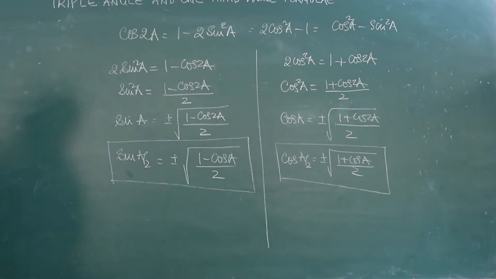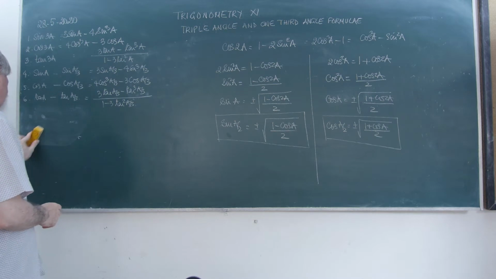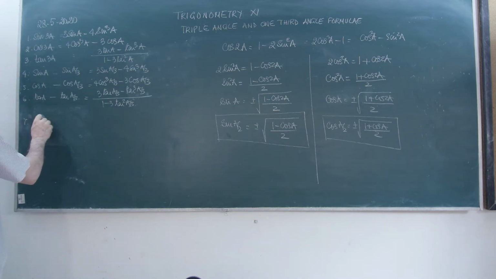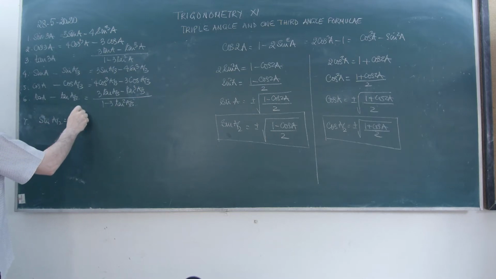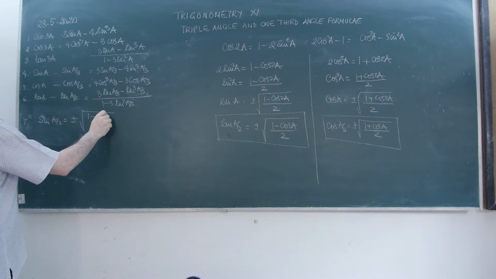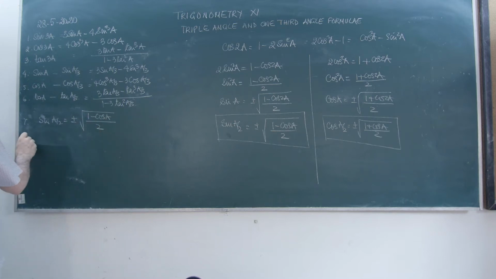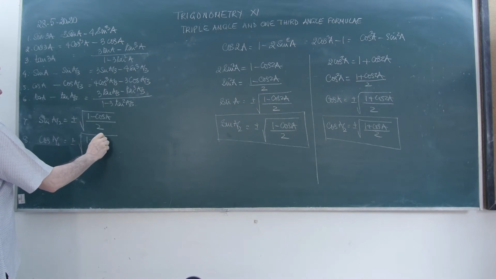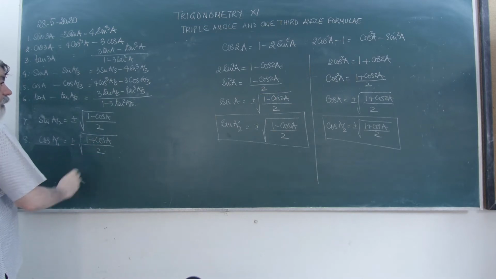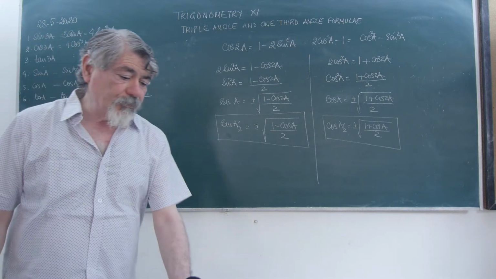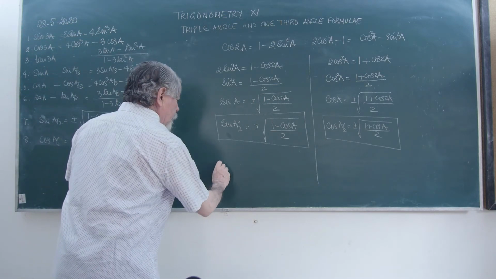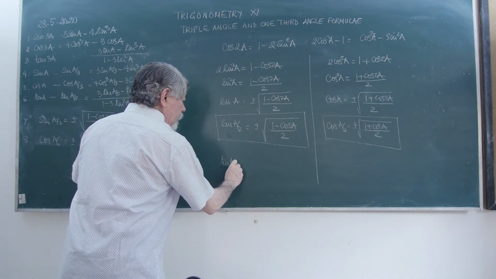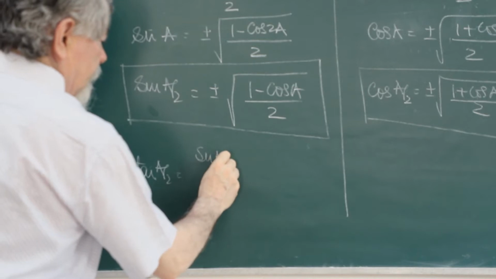So I get the formulas for sine a upon 2 as plus minus under root 1 minus cos a upon 2, and for cos a by 2 I get the formula plus minus under root 1 plus cos a upon 2. Now if I have to get tan a upon 2, tan a upon 2 will be sine a by 2 upon cos a by 2.